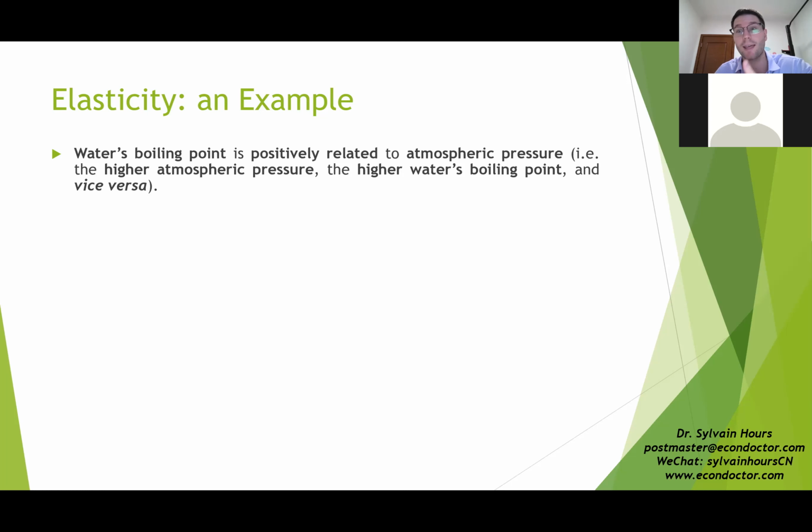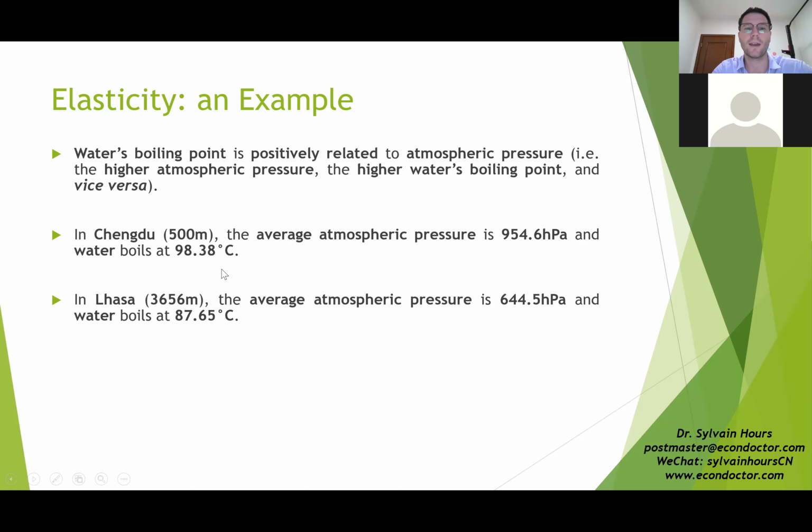And of course, it is that case. It is the atmospheric pressure that explains the water's boiling point. So the atmospheric pressure is our independent variable, the cause, and the water's boiling point is our dependent variable, the consequence.